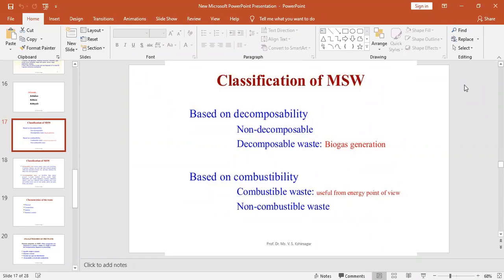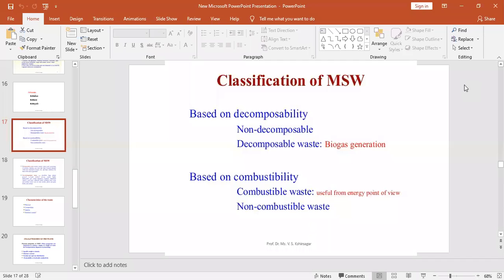Non-decomposable material will not get decomposed by natural as well as artificial methods. Okay, so what are the different methods for the decomposition of waste? In that, biogas generation, composting, vermicomposting, is it? So these are the methods for the decomposition.